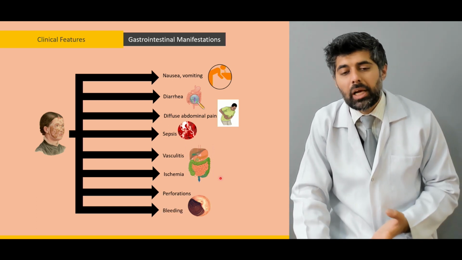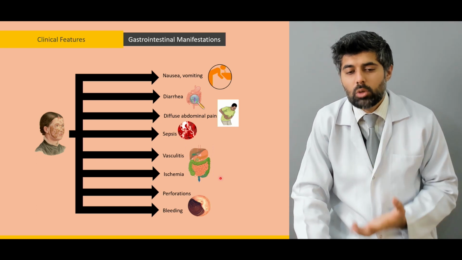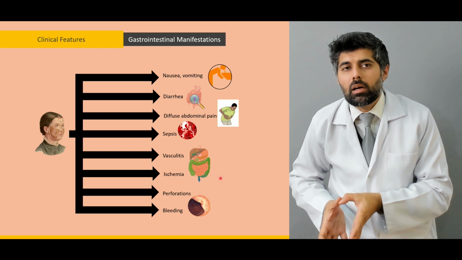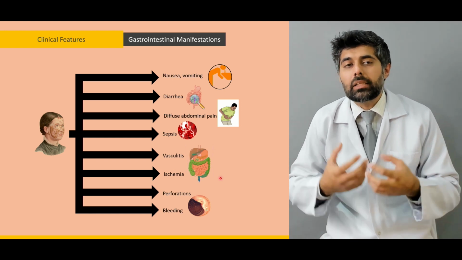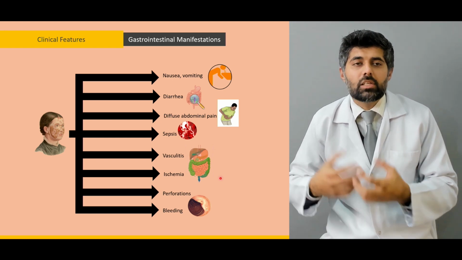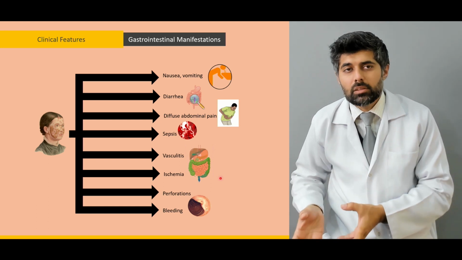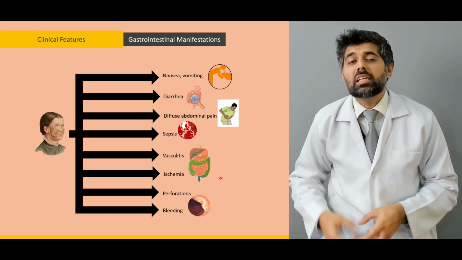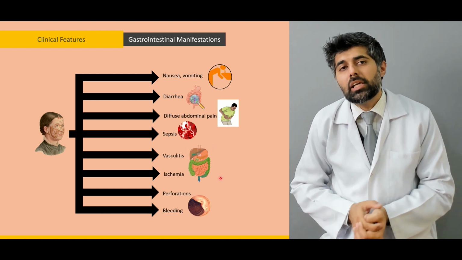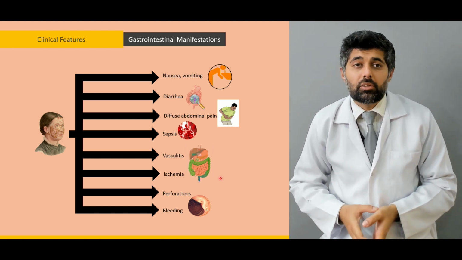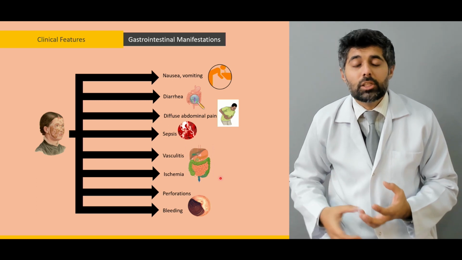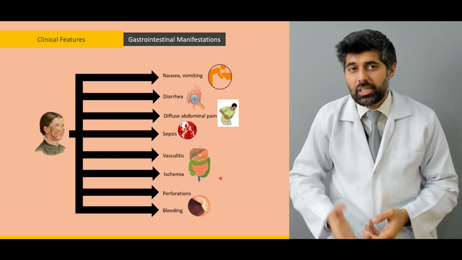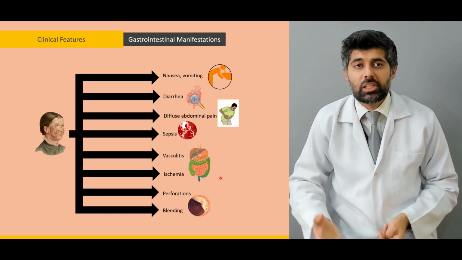Now, vasculitis, if it is not giving ischemia, can also result in the bursting of the said vessel, and this results in bleeding. And bleeding inside the abdominal cavity is of particular interest because it is not usually seen. It cannot be usually detected on a physical exam.